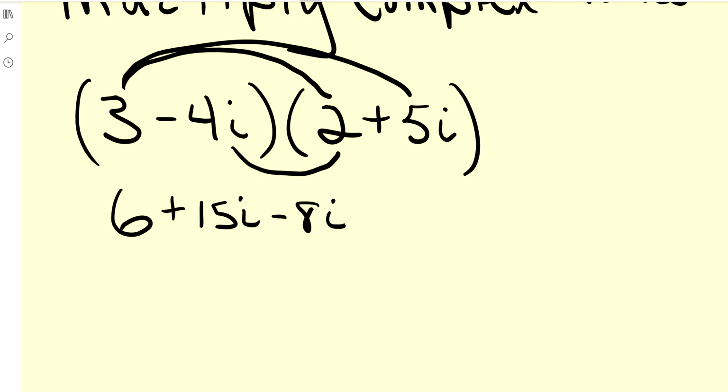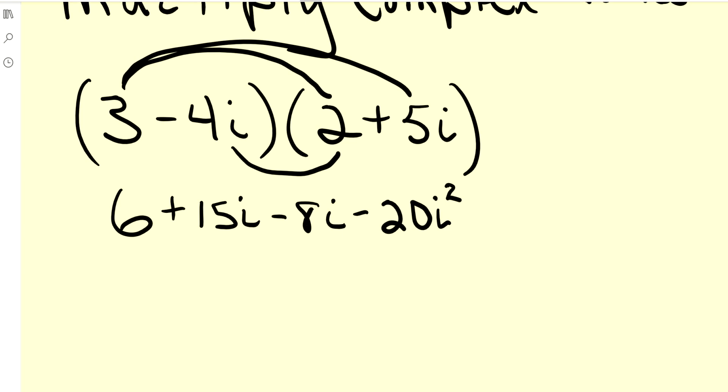And last, I've got negative 4i times 5i. Ooh, let's try that. It's going to be negative 20, and then i times i is i squared. Negative 20i squared. Okay, and there's the part I mentioned, but i squared equals -1.